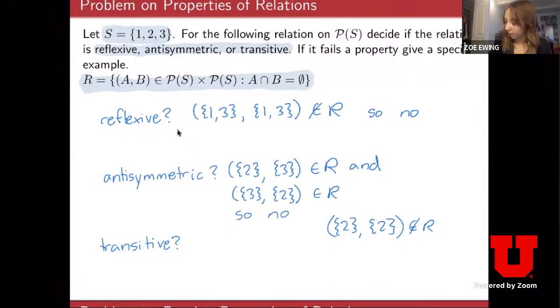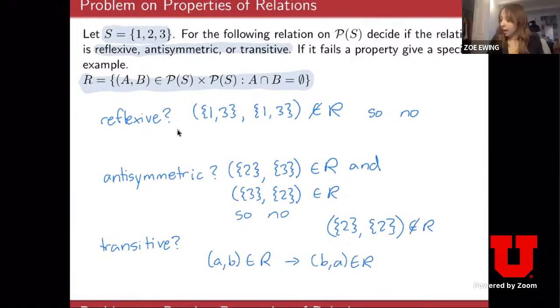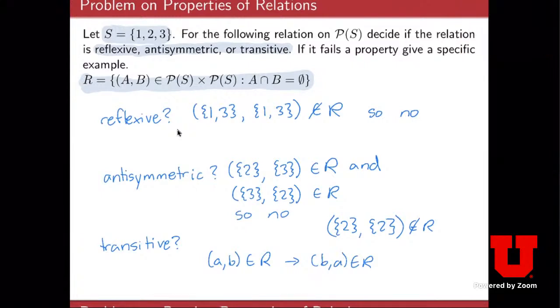If A and B is in the relation, then B, A is also in the relation. Yes, but A and B can be the same, right? They can, that would be possible, just not in this problem, because in this case the hypothesis is false. Got it. Okay, awesome.